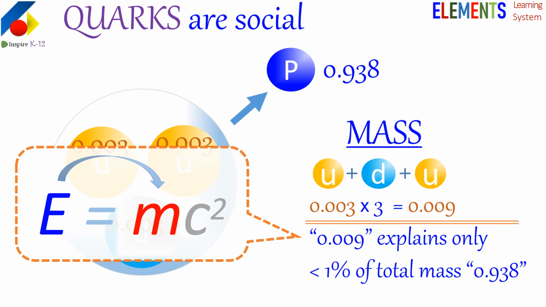These energies are converted into mass, which this equation describes well. And 95%, 99% of the mass is actually energy which feels like mass.